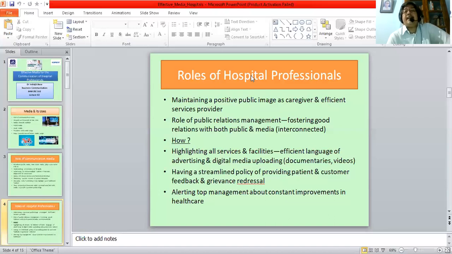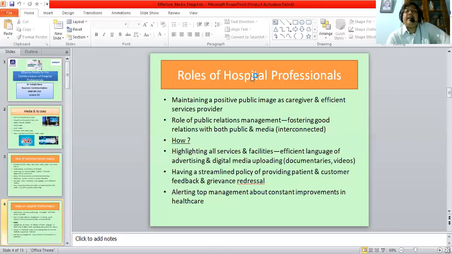So, the more active and alert and vigilant you are in providing this kind of assistance and support, the better will be your public relations. And the better your public relations, the more important will be your relationship with the media, and the positive image that you are trying to project will naturally shine forth in the media coverage. And remember that the media coverage is very, very important. Otherwise, the public will draw a negative impression about your organization and they will go elsewhere and not to you.